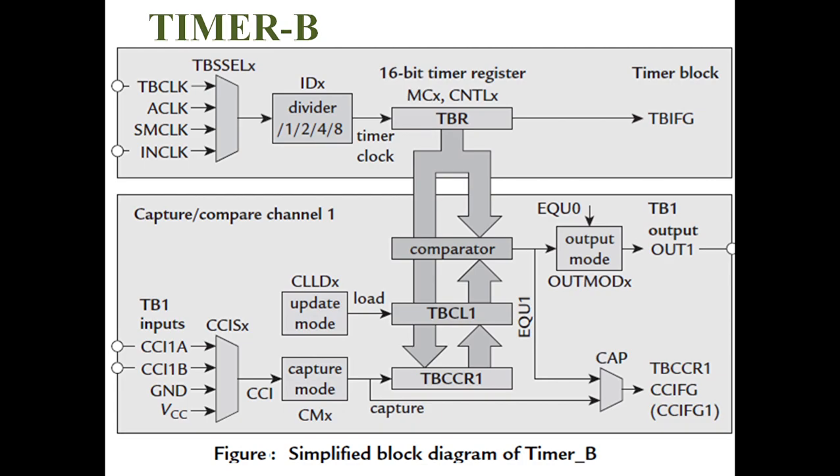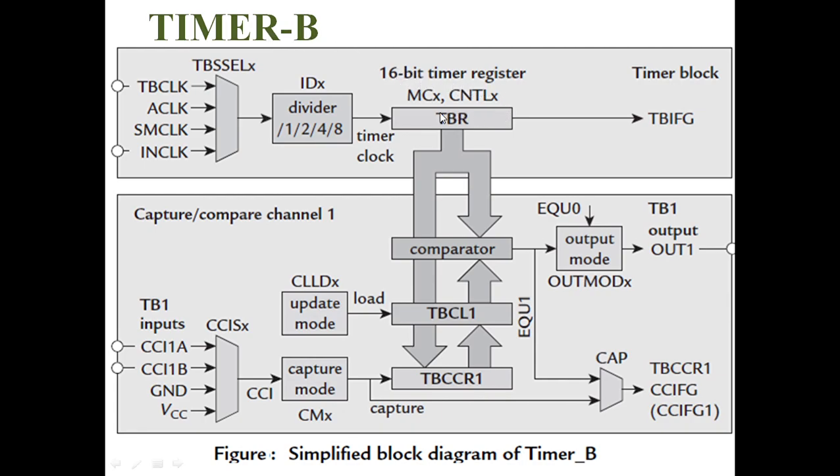Timer B register records the current time or current count. This count length can be varied by varying the control length bits in the control register. It may be an 8-bit counter or 10-bit or 12-bit or 16-bit. Here timer B is a 16-bit timer register.